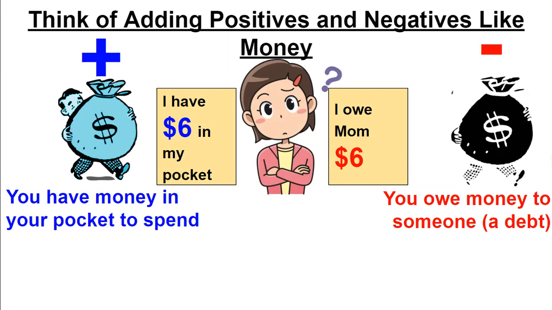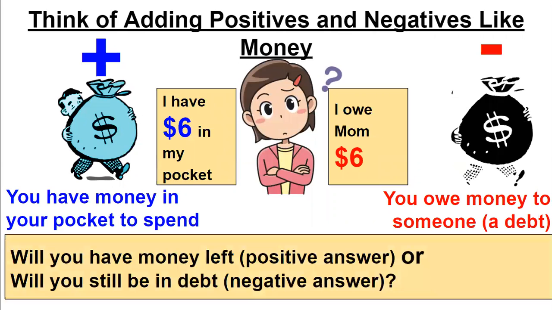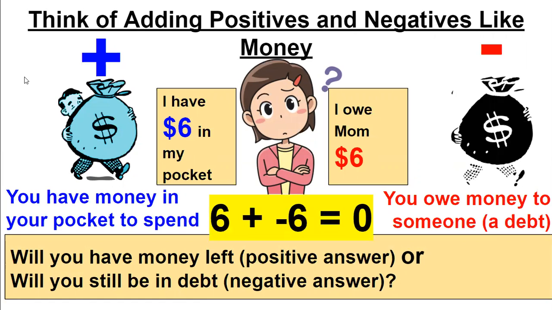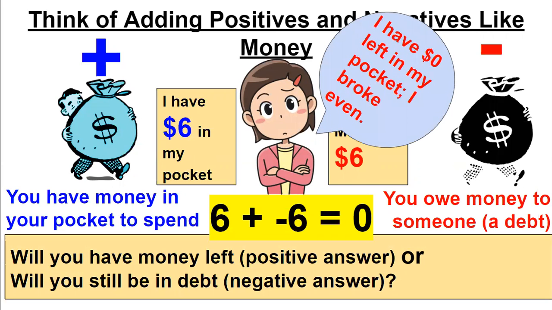How much is going to be left in her pocket? Will she have money left at all, or will she be in debt at all? No, she will break even. 6 plus -6 equals 0. She has $0 left in her pocket, she says. I broke even.